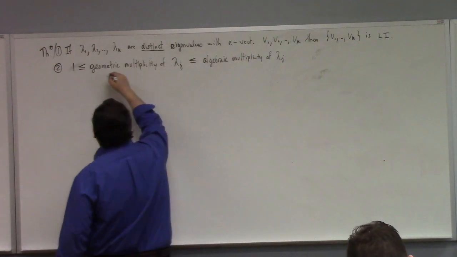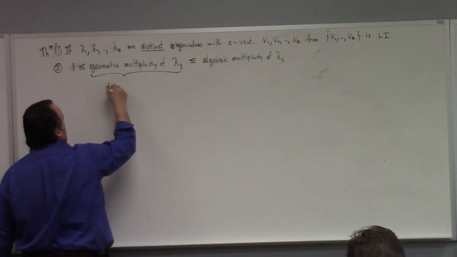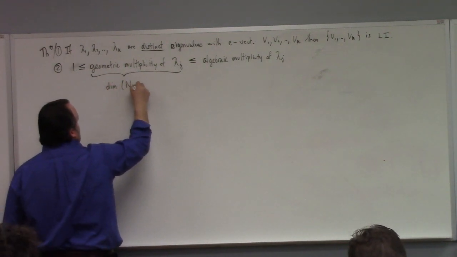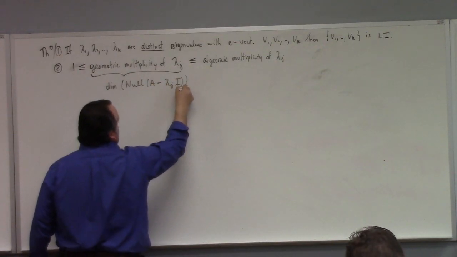The geometric multiplicity, we can write explicitly: this is the dimension of the null space of A minus lambda j I.